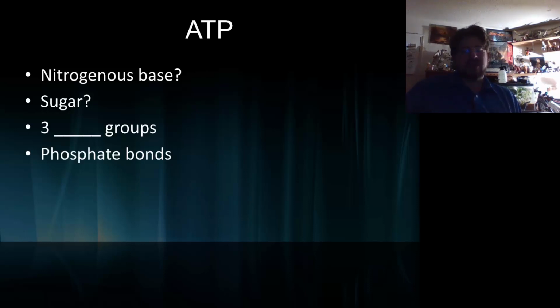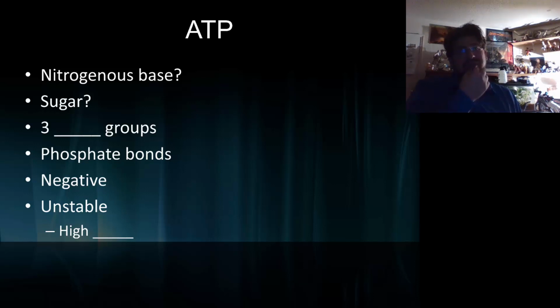And those are held together by those extremely weak phosphate bonds. Those phosphate groups carry a negative charge, which means each of those three groups are trying to repel each other, and they are being held together by an extremely weak bond, meaning ATP is highly unstable. So it has a high amount of what that's locked up in those chemical bonds?